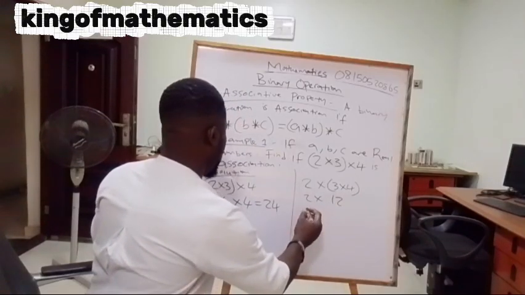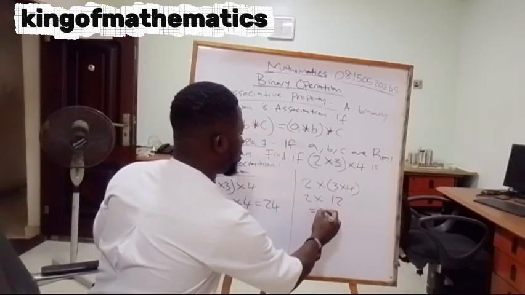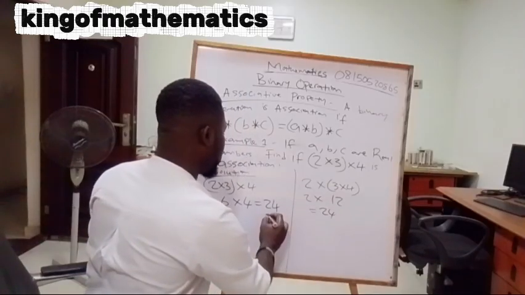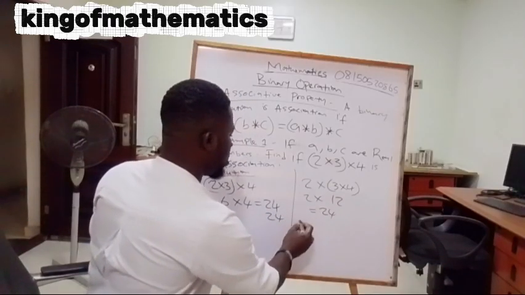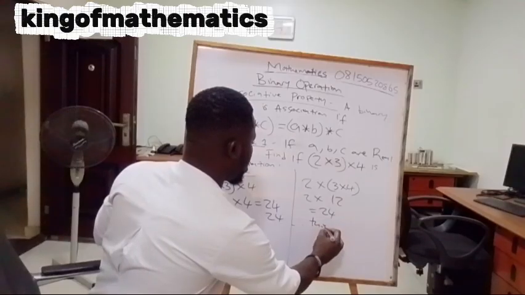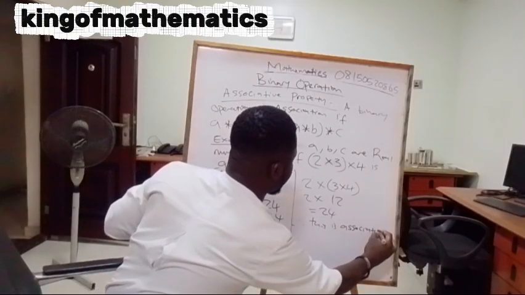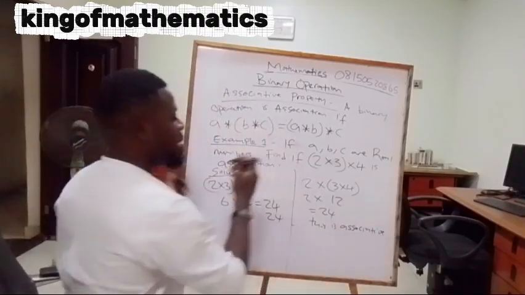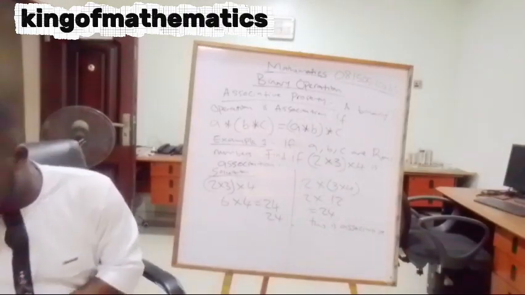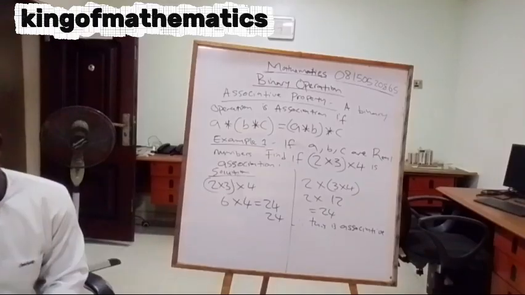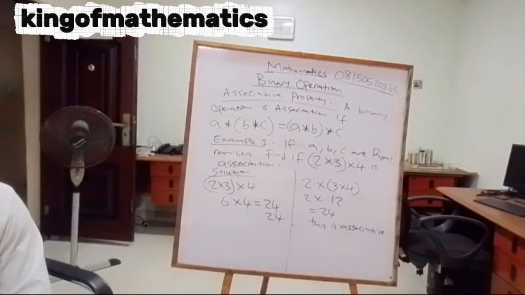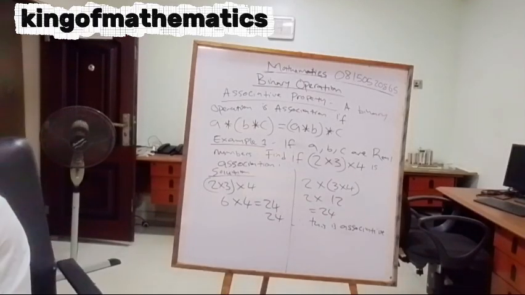That's 12. So 2 times 12 gives us 24. We have 24 equals 24. Therefore, this is associative.